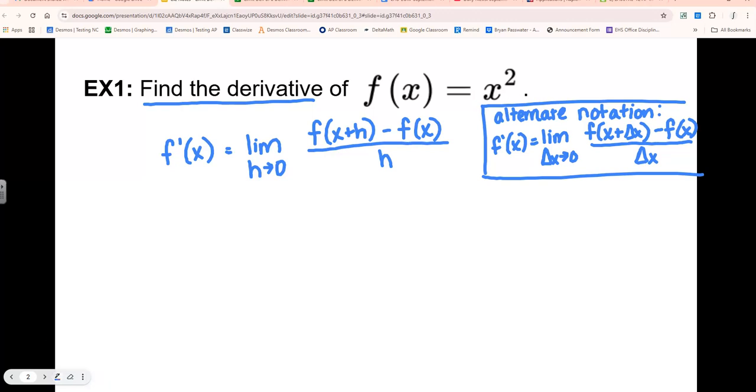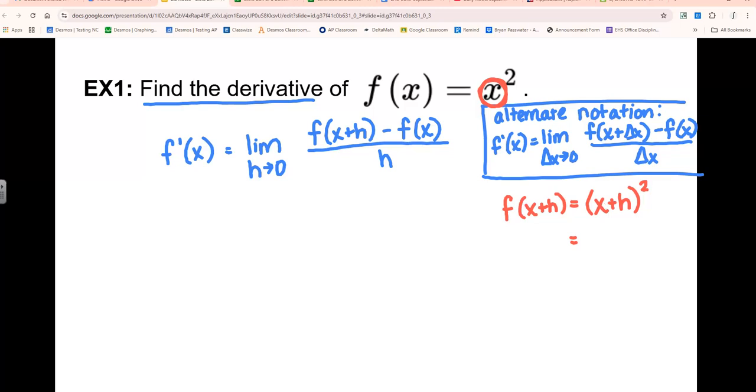So if I go over to the side, I could find f of x plus h, which means I'm taking the formula wherever that x is, and I'm plugging in x plus h. This is a pretty simple formula to start with. We just got x plus h squared. And I like to go ahead and simplify that a little bit before I plug it in, just so I'm not doing so much work in the big fraction where I get things mixed up.